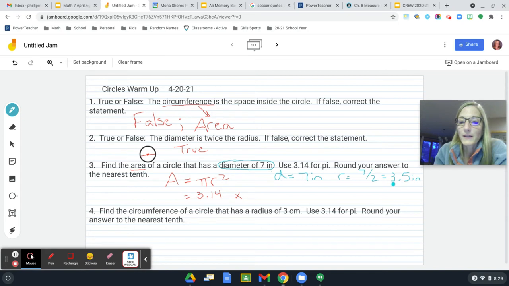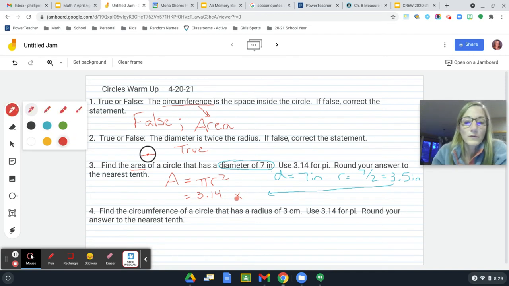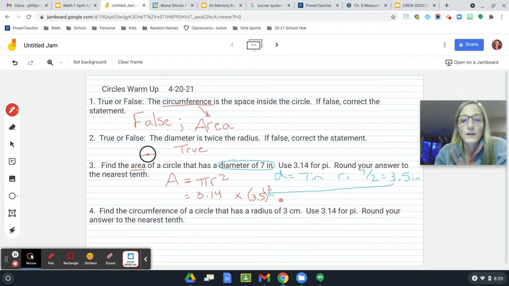Now we're going to take this value right here and plug that into our formula. So now we're going to take 3.5 for the radius and square it. We talked about how this is not just 3.5 times 2. We're multiplying it by itself, right? So 3.5 times 3.5. So if I keep going with this problem here, and I do my order of operations, right?